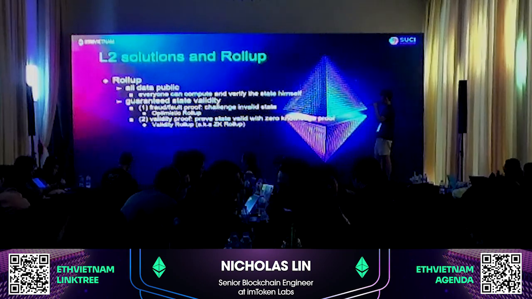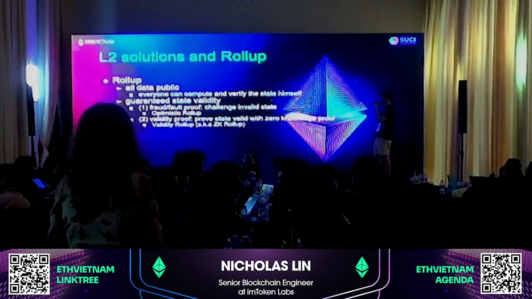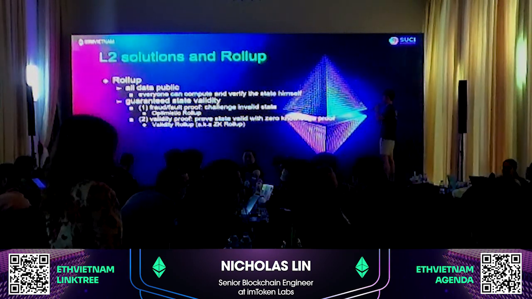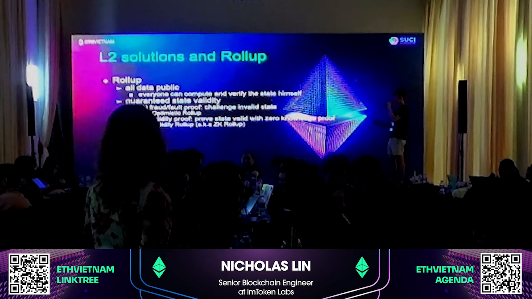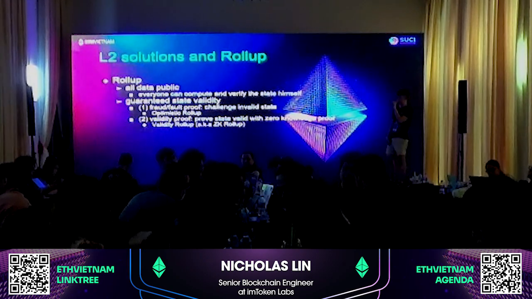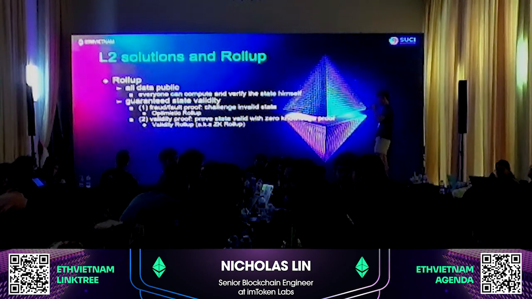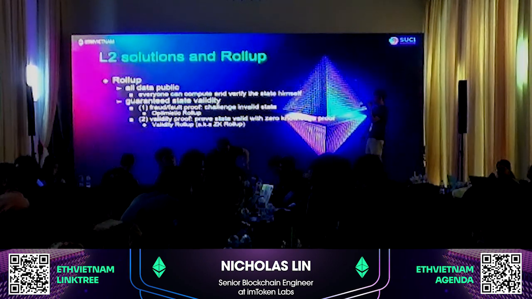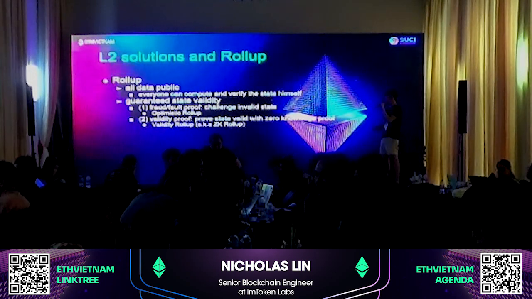The rollup that does this approach is called optimistic rollup. And the second approach is the validity proof, where you prove your state is valid by providing a zero knowledge proof. And this kind of rollup we will call validity rollup, which is also known as ZK rollup.